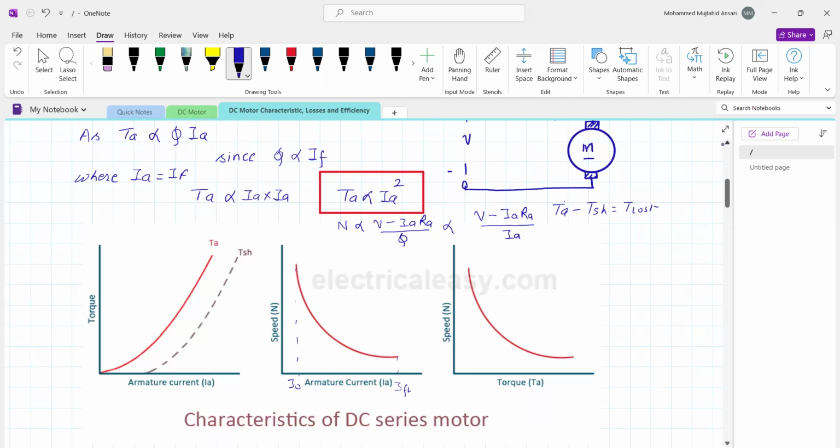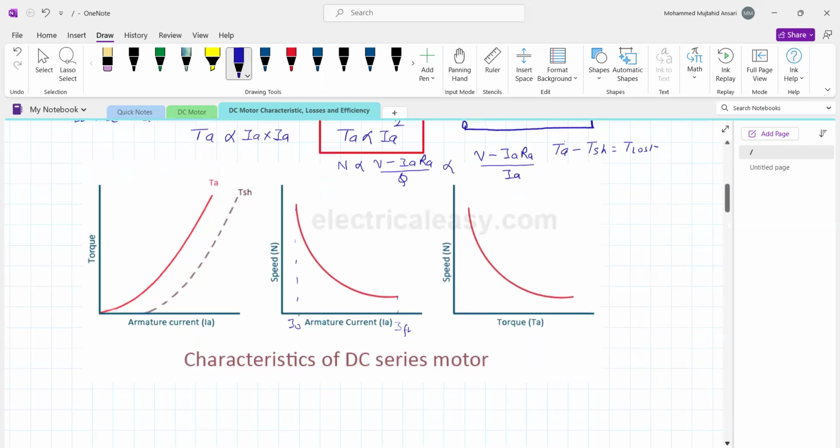If the torque increases, the increase in torque is observed at a higher value of current. At a higher value of current, the speed decreases. So it will give the same characteristic for the DC series motor. So this is a brief look at the characteristics of the DC series motor.